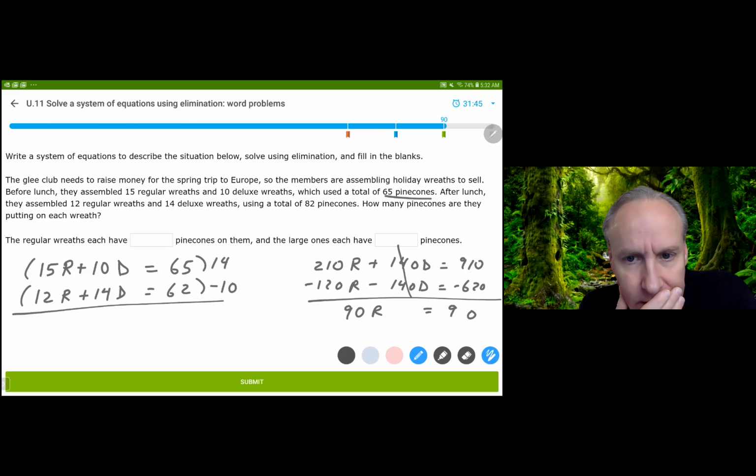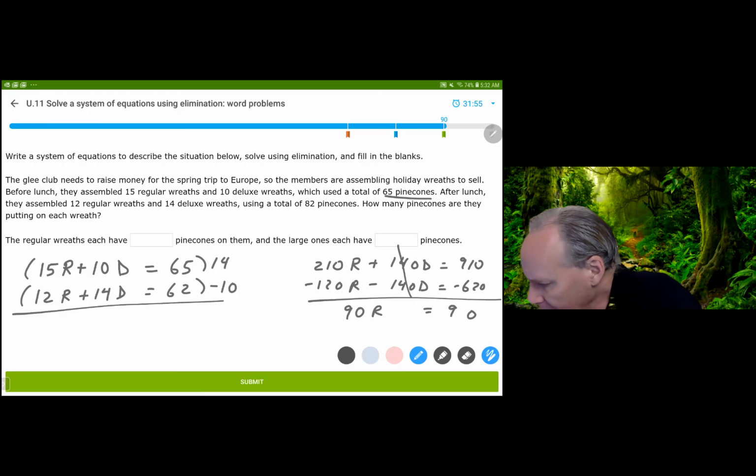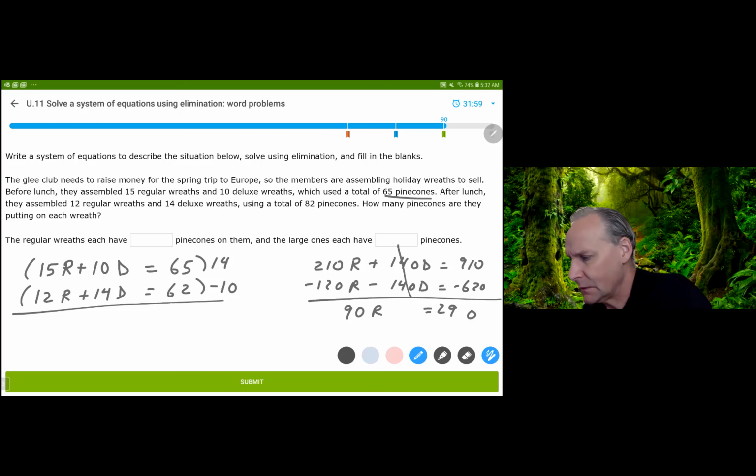Looks okay. Yeah. Maybe I'm not. No, that's 90. Where am I making my mistake? Did I multiply 15 times 14 wrong? Oh my God. No? All right, I'm going to check it one more time.